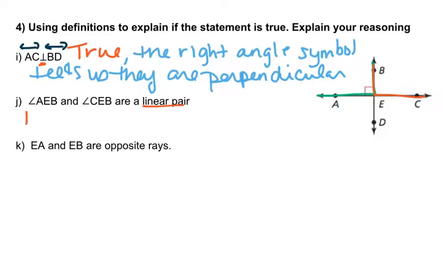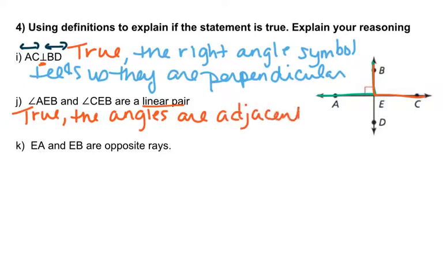Yes, that would be true, because just like in the definition of a linear pair, the angles are adjacent and supplementary. Or you could say they are adjacent and they lie on the same straight line. Whatever, it's the same thing.